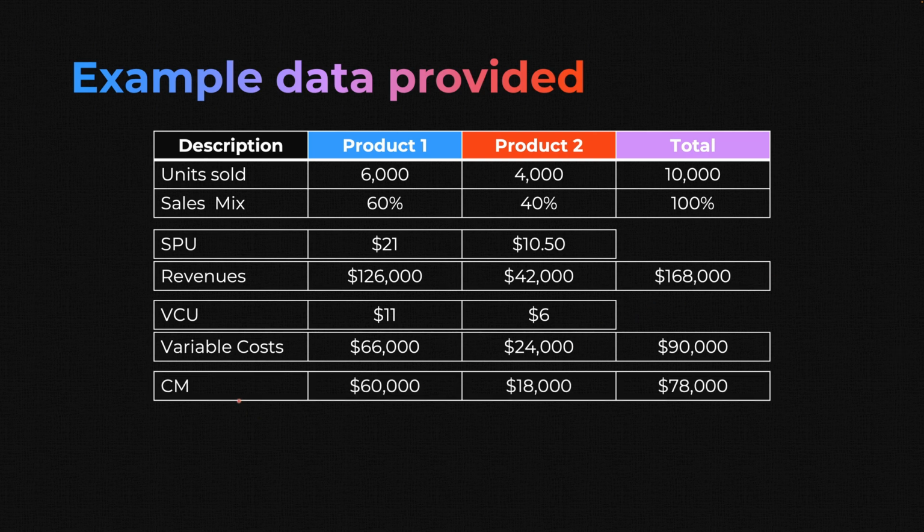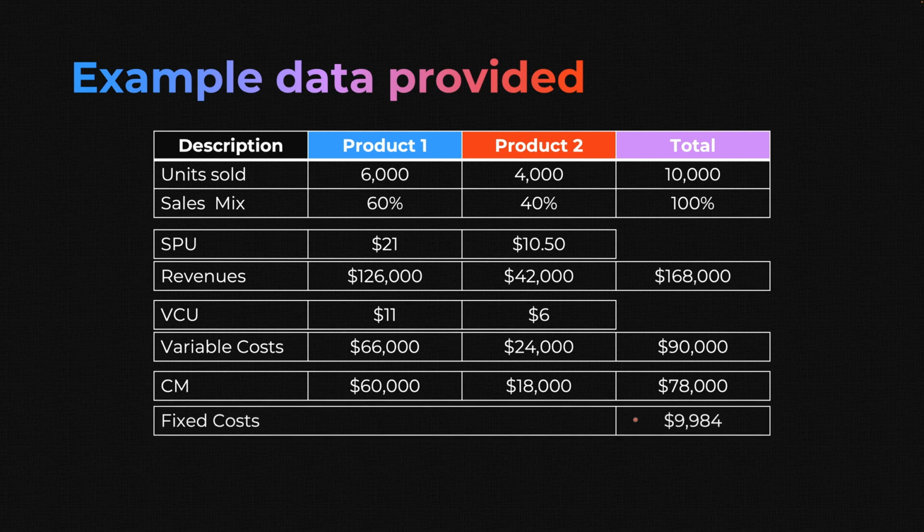Our contribution margin for product 1 will be $126,000, subtract $66,000, which equals $60,000. The contribution margin for product 2 is going to be $42,000, subtract $24,000 in variable costs, equals $18,000, which means the contribution margin in total overall is $78,000.